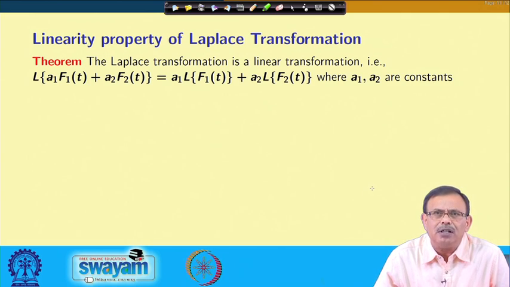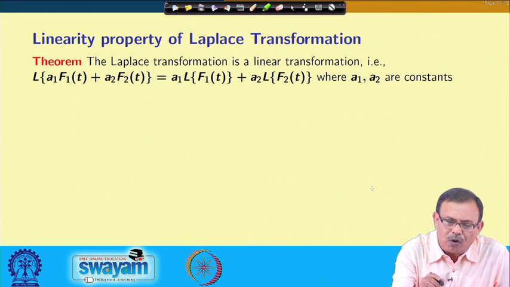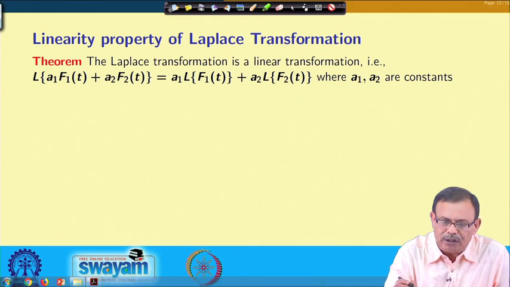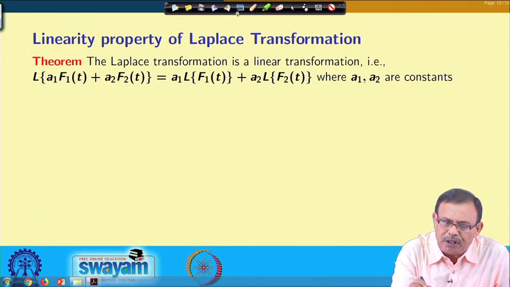Just like the linearity property of a general transform, which we stated just before this slide, in the same way the linearity property of Laplace transform holds, where a1 and a2 are constants. Now, the proof is very simple here.